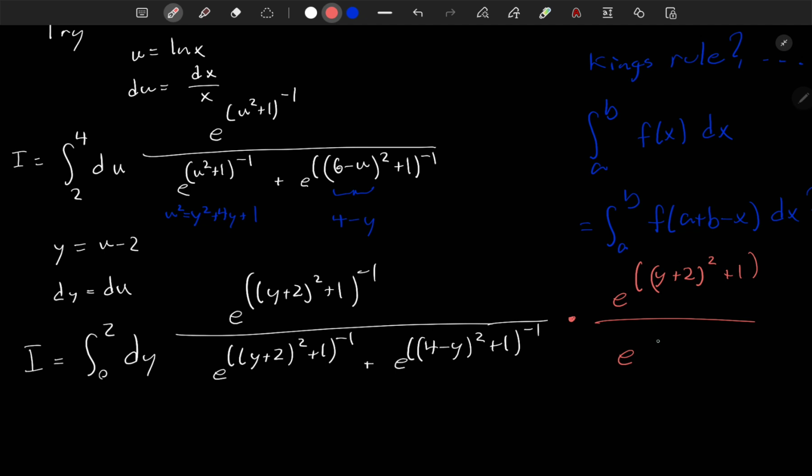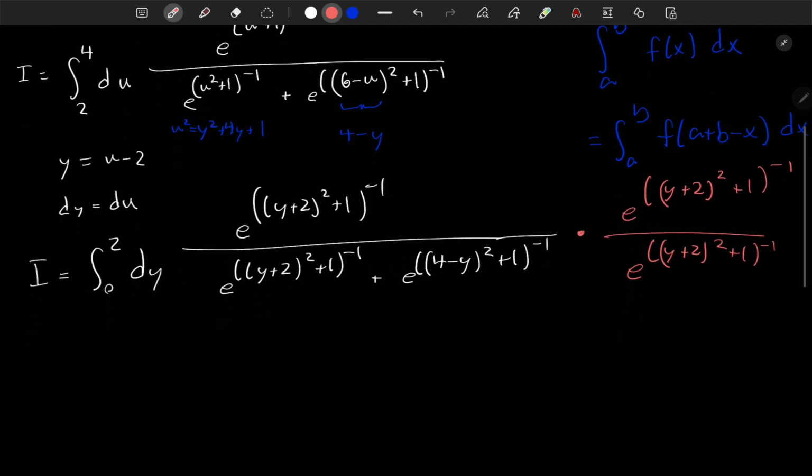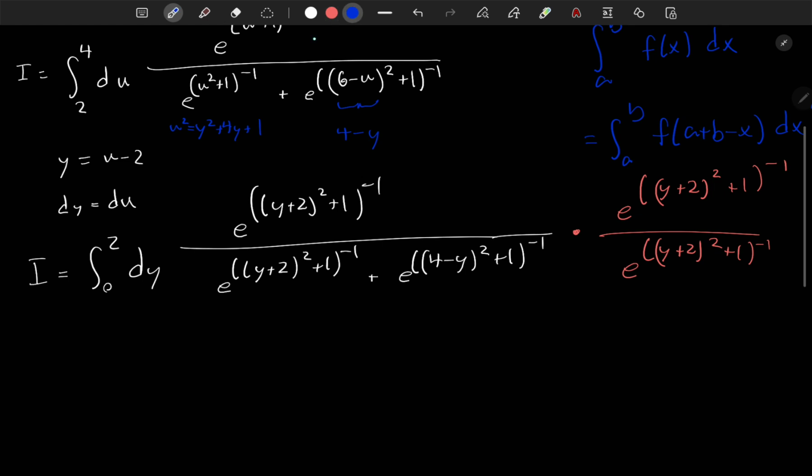So multiply by 1. So our numerator has nothing.